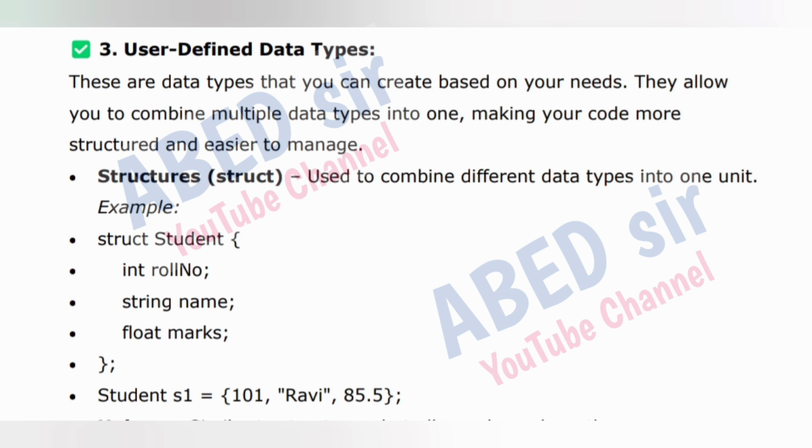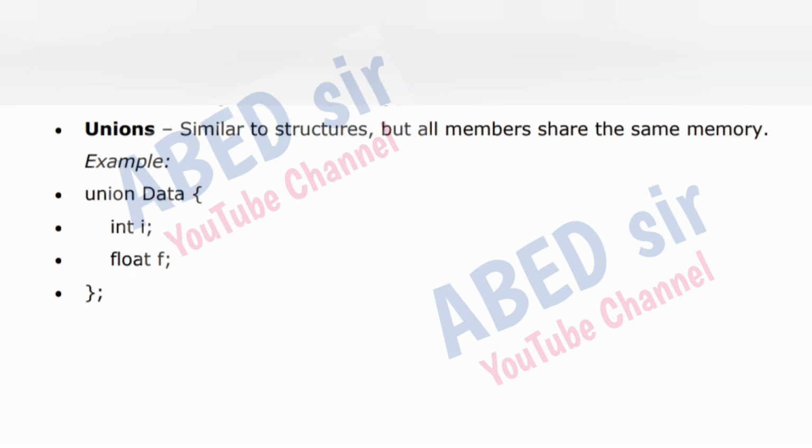Structures, struct, used to combine different data types into one unit. Example: struct Student { int rollNo; string name; float marks; }; Student s1 = {101, "Ravi", 85.5}; Unions, similar to structures, but all members share the same memory.